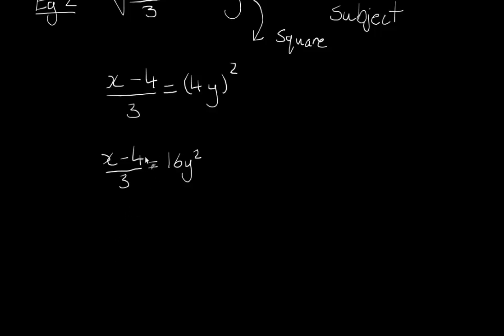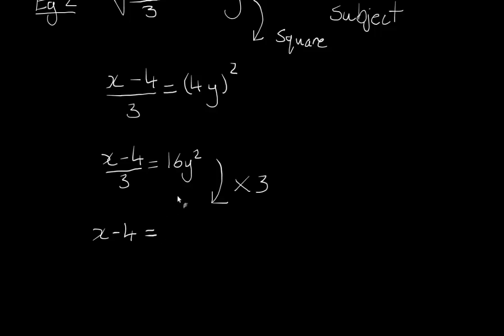Okay, so back to our left-hand side. The next thing we need to get rid of is the divide by 3, and the opposite of dividing something by 3 is to times by 3. So that will give us x minus 4. There's a reason I haven't timesed the top by 3, it's because I was dividing by 3, now I'm timesing by 3, so that will cancel out, just leave me with x minus 4.